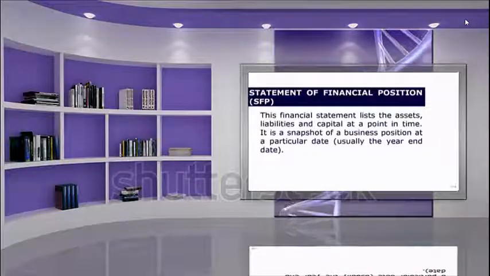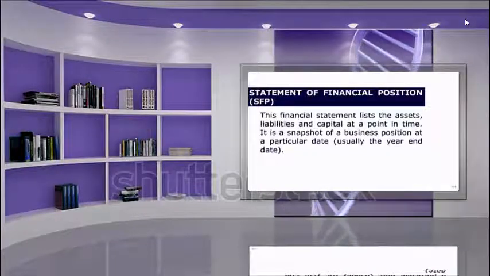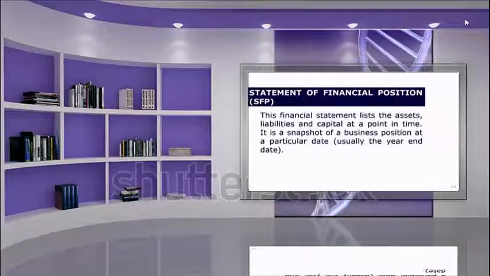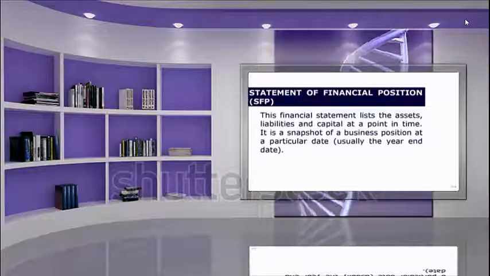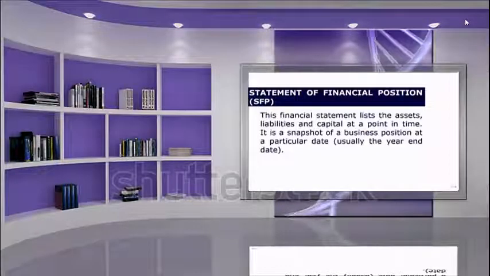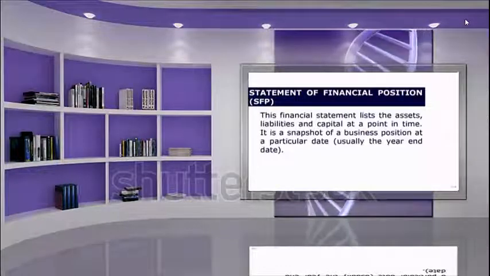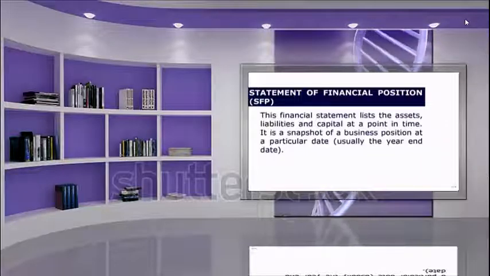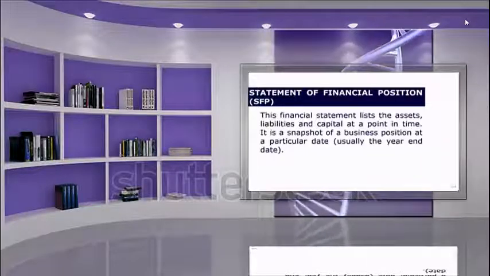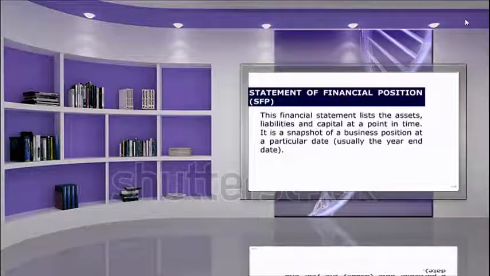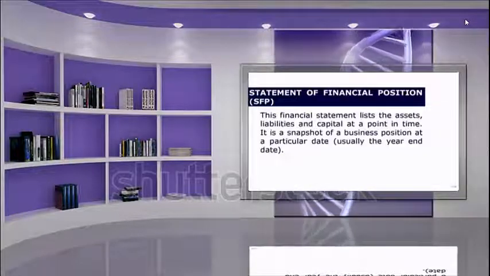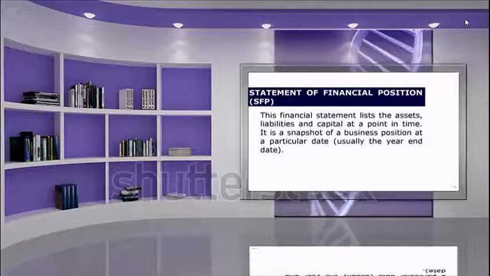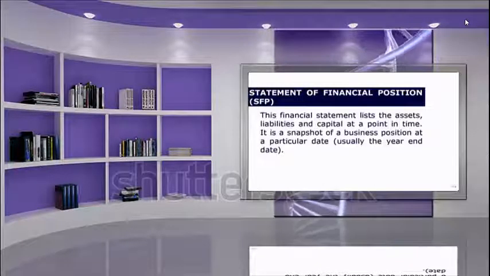Now, when we think about a statement of financial position, it's always a snapshot at a moment in time. Look at the word position. What is the financial position of the entity at that year-end date? So what does the business physically own in assets at that moment in time? What do they physically owe in liabilities?